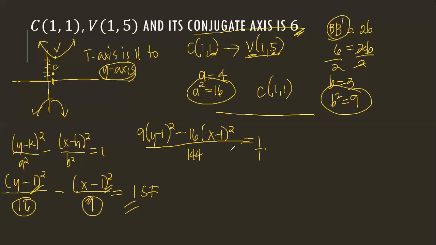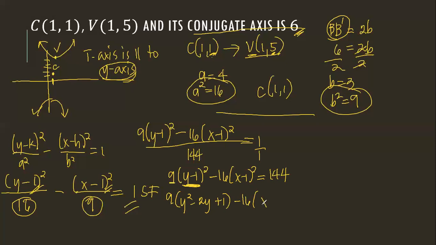This is over 1. Cross multiply: 9 times y minus 1 square minus 16 times x minus 1 square is equal to 144. Before you distribute 9 inside the parentheses, you have to expand it first. So that is 9 times y square minus 2y plus 1 minus 16 times x squared minus 2x plus 1 equals 144. So we have 9y squared minus 18y plus 9 minus 16x squared plus 32x minus 16 equals 144.